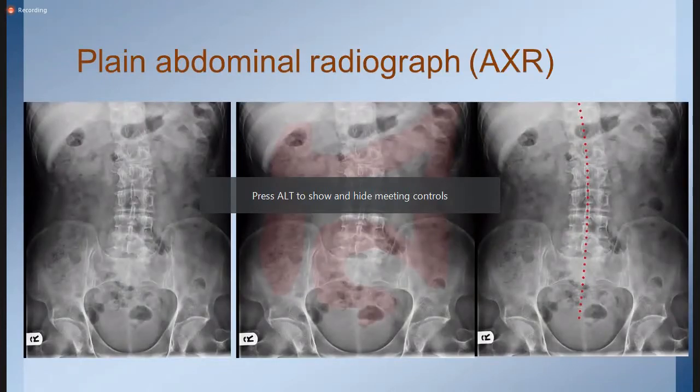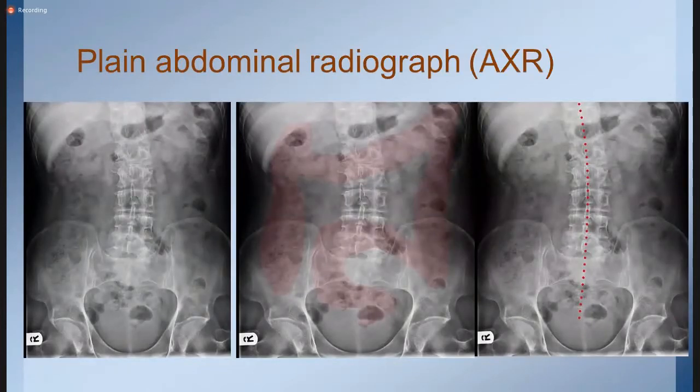So starting with the plain abdominal X-rays, this is the normal X-ray abdomen demonstrating normal bowel pattern. Here you have the large colon outlined with red color, demonstrating the cecum, ascending colon. This is hepatic flexure, this is transverse colon, this is splenic flexure, this is descending colon, this is sigmoid colon, and the rectum.